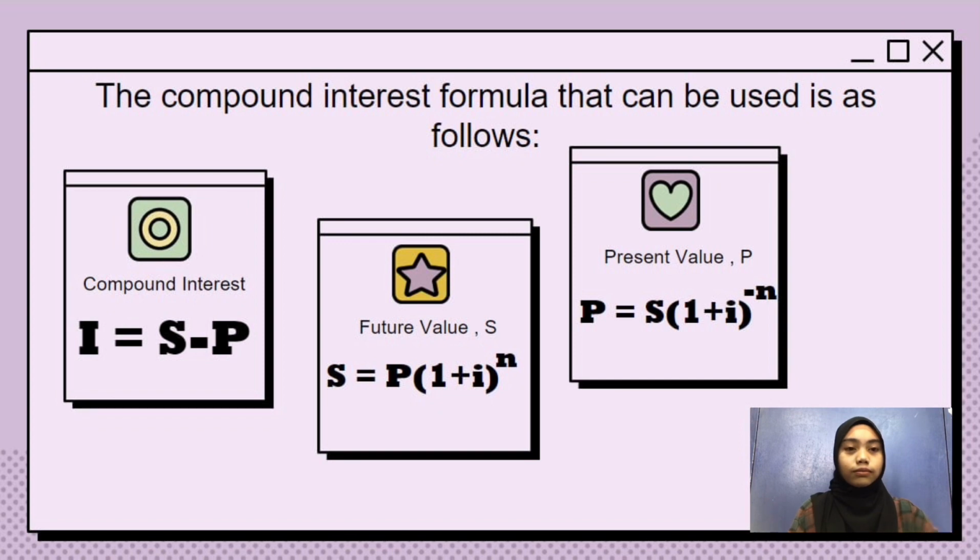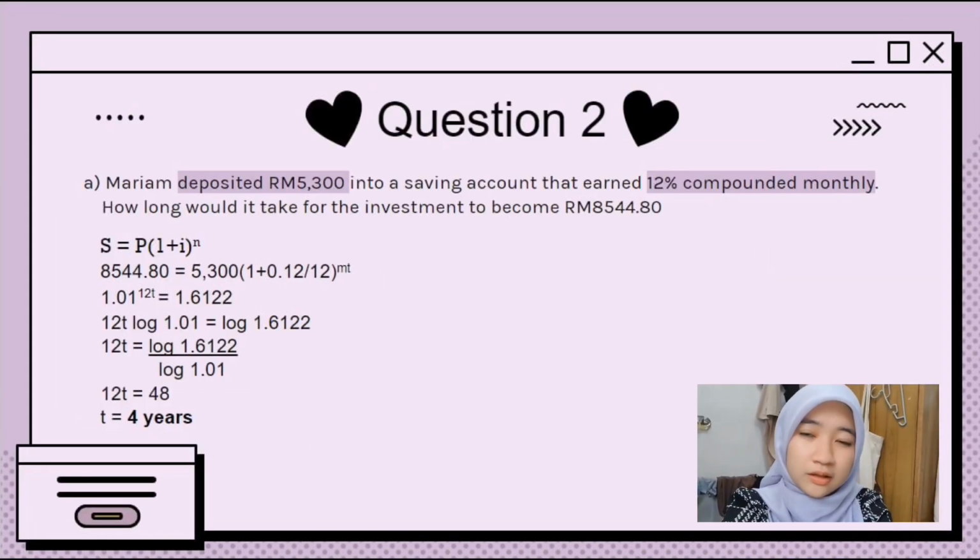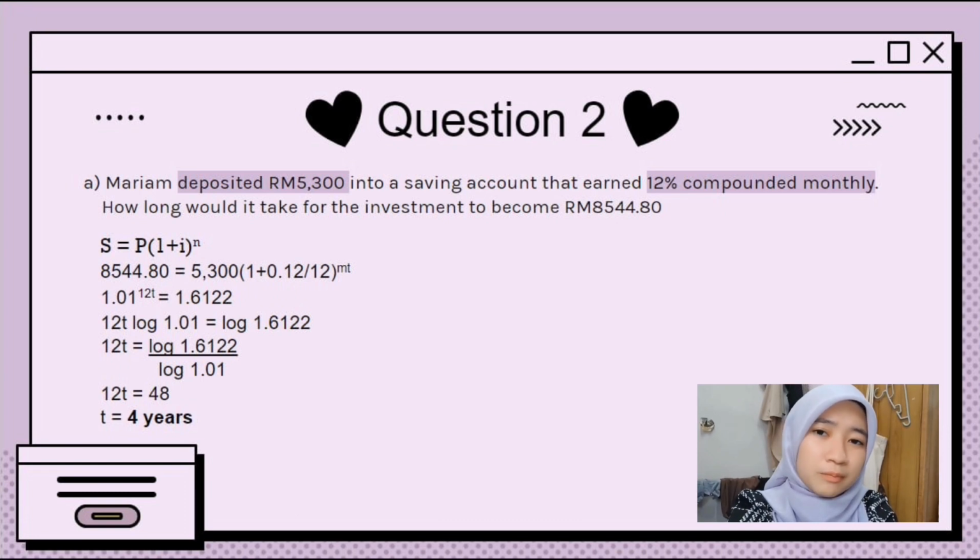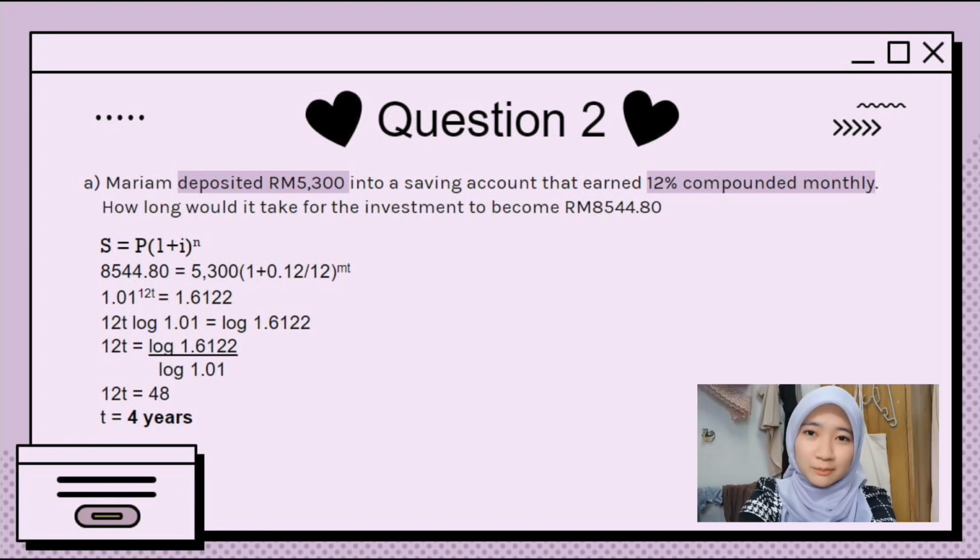Question 2A. Mariam deposits 5,300 into a savings account that earns 12% compounded monthly. How long will it take for the investment to become 8,544.80? From the question above, we already know that we need to find the time period used for the investment to become 8,544.80.